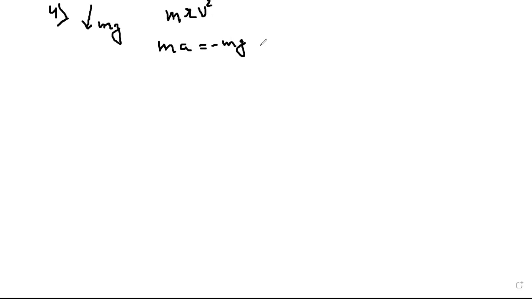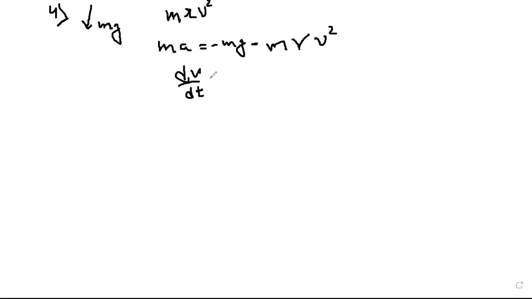mg and minus the value is given, minus mγv². This is given. So this ma is called m dv by dt. Displacement velocity upon time is called acceleration.